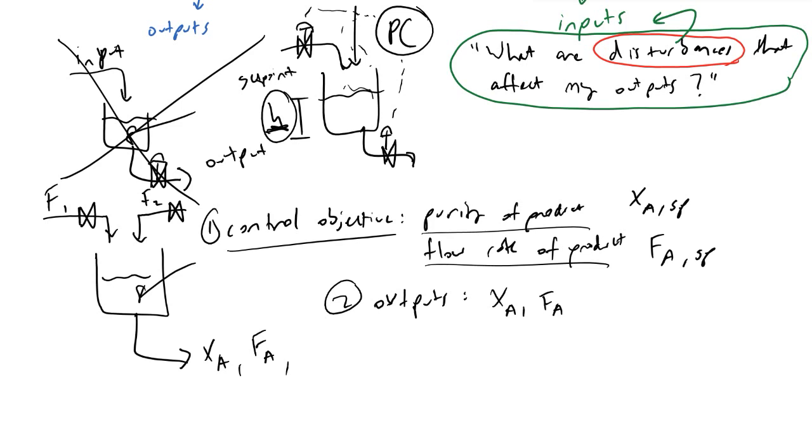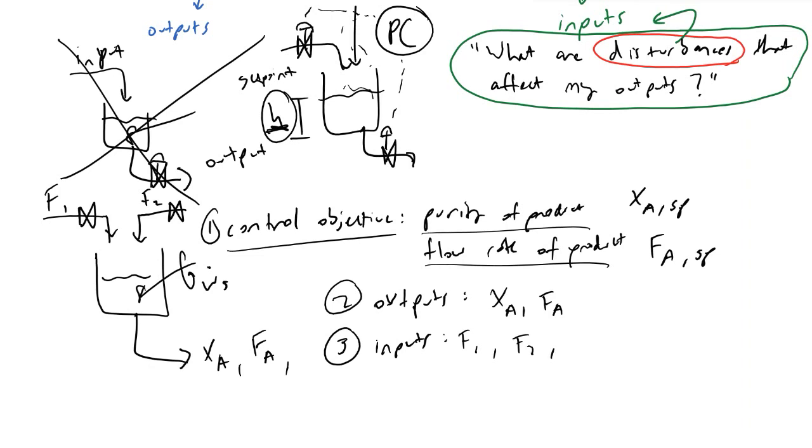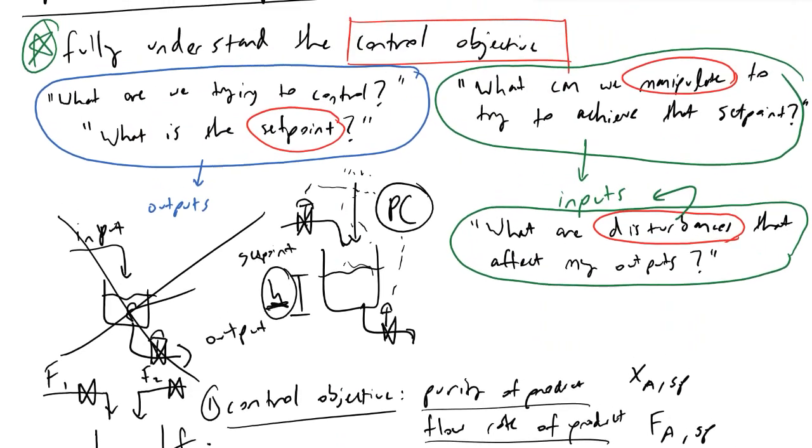We would have some kind of mixer, and I'm going to be putting work into this mixer. What we could consider as inputs in this process, things that can control the outputs, would be the flow rate F sub 1, the flow rate F sub 2, as well as however much work we're putting into the stirrer. And this is how I would define inputs and outputs in this process.